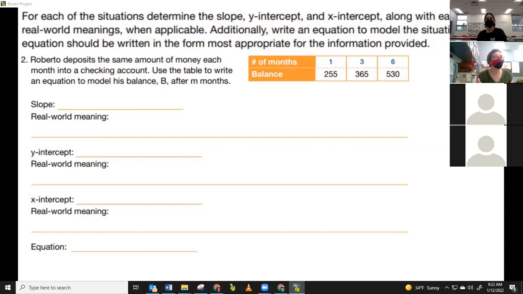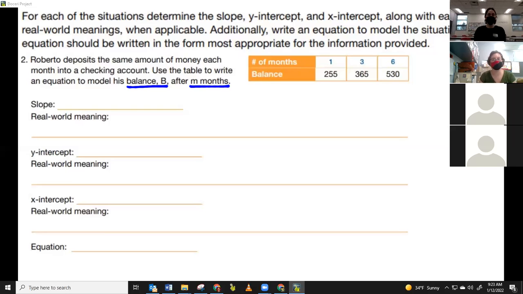And then they gave me a table with numbers in it. Somehow I'm supposed to use this table to come up with the numbers for the slope, the y-intercept, and the x-intercept. And they gave me the variables that they want me to use right here. They want me to use B for balance, and they want me to use M for months.